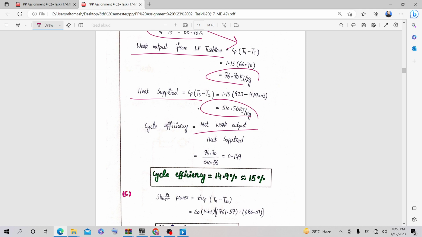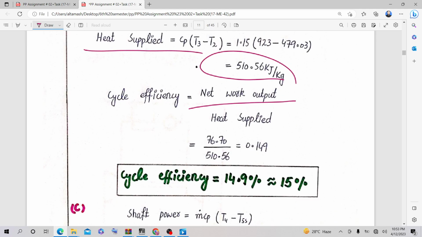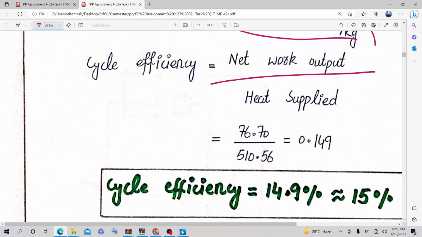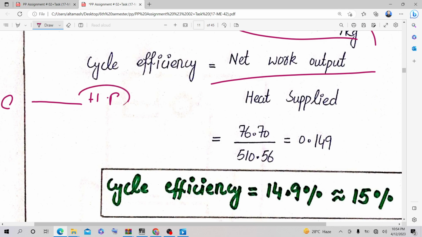Now why is it the net work output? As we know, here we have the high pressure turbine. This high pressure turbine is coupled with the compressor, and at the output of the high pressure turbine we have the low pressure turbine, and this low pressure turbine is actually giving us the net work.